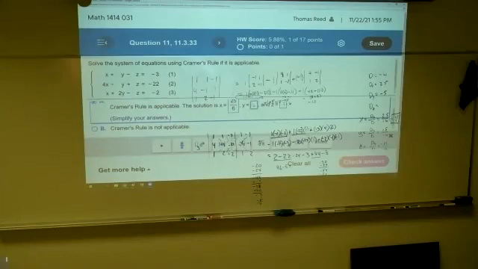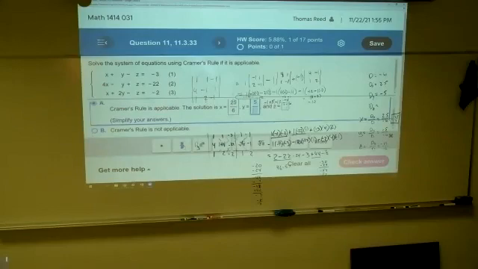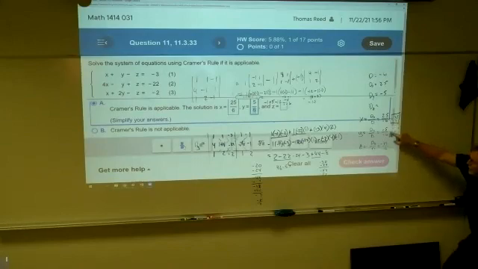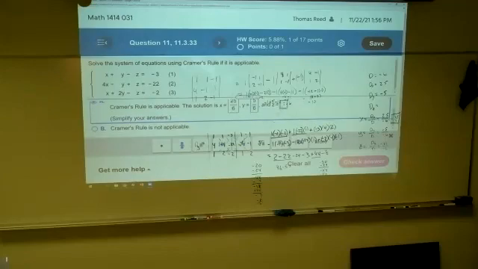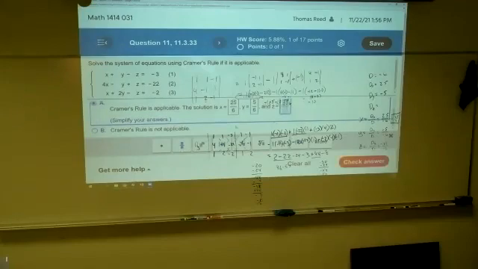And this became the fraction -5/6. Oh, this one's supposed to be negative. This one's going to be positive, and this one's going to be positive. I'll go back and fix that negative sign. So now this one's going to become 11/6.